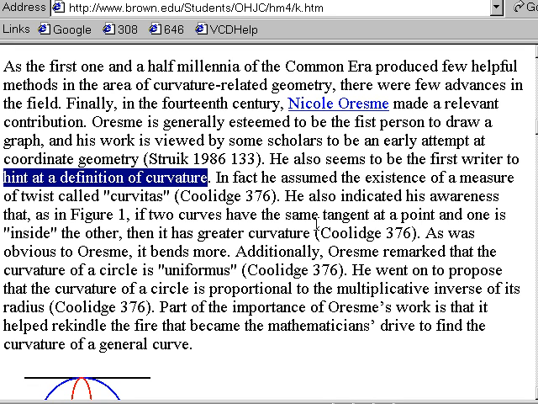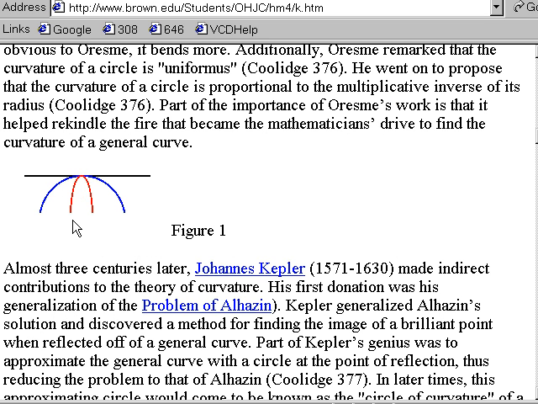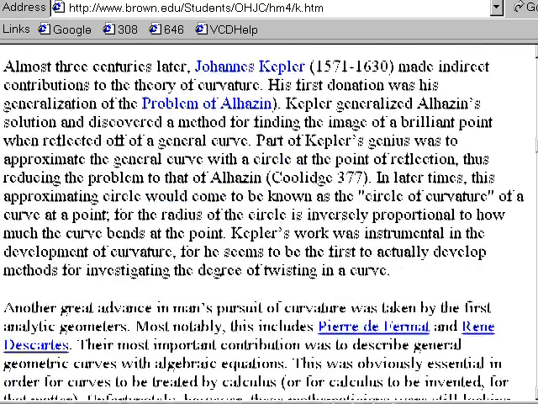I don't know how they would determine that, but I guess he's the one with the earliest manuscript that has a graph in it. He also seems to be the first person to hint at a definition of curvature. He assumed something which he called in Latin curvitas, which was equivalent to a measure of twist.